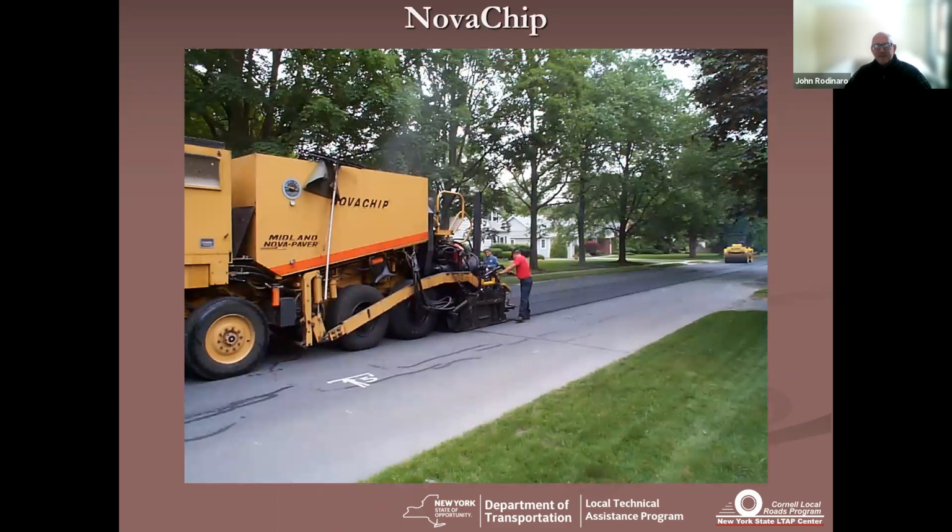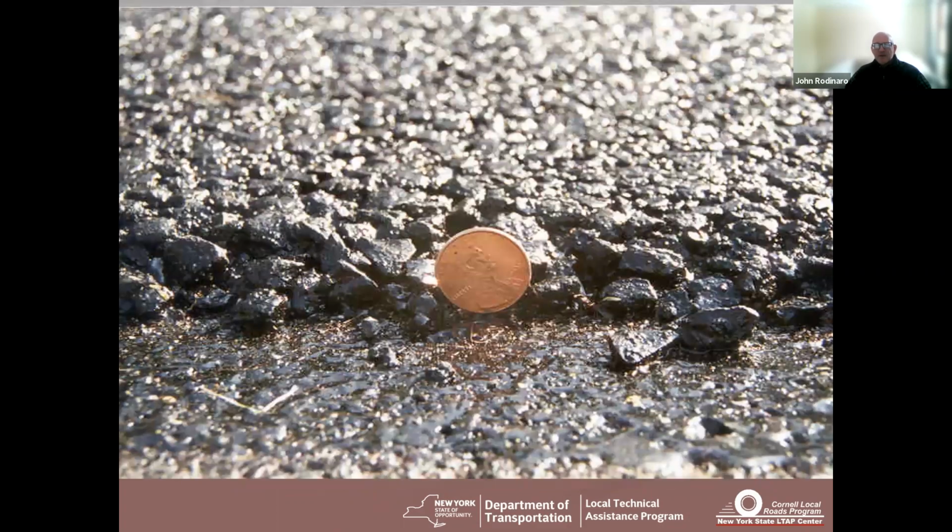And moving to NovaChip, again, a specialty product. The beautiful part about this, again, is it's an all-in-one unit, and you get a real nice, sweet, very thin surface. It's really a chip seal on steroids, almost one stone thick. Notice that really gooey looking chocolate brown liquid that's below the aggregate.